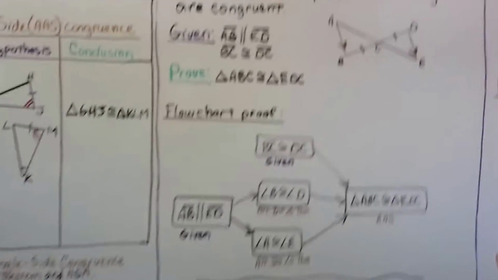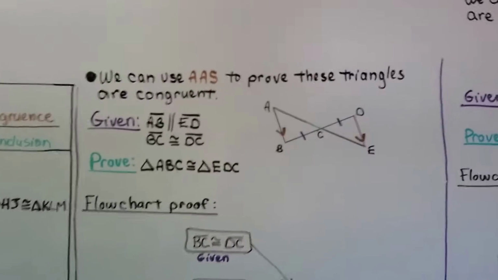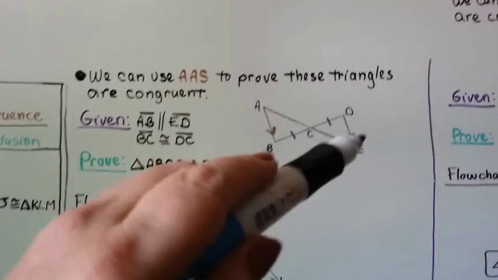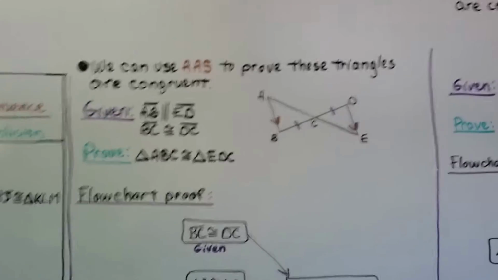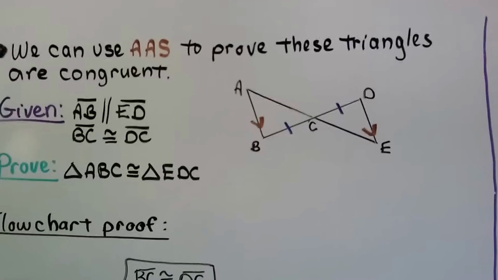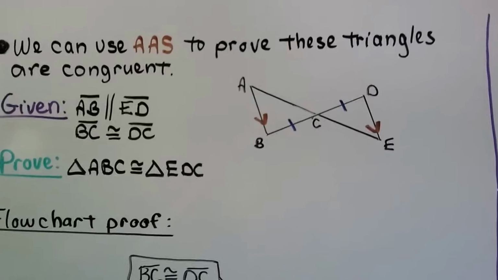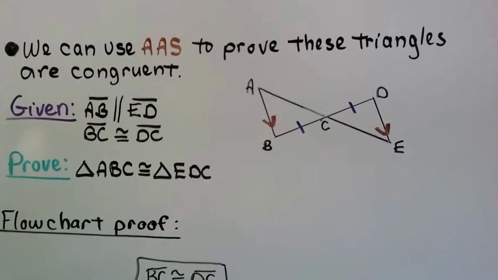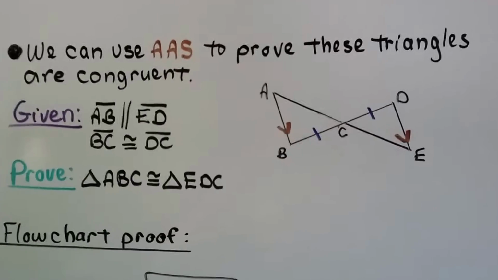And we can use AAS to prove these triangles are congruent. So we've got this diagram, and if you look, we've got parallel line marks right here, don't we? So if you look at the diagram, our given says segment AB is parallel to segment ED. And it says that segment BC is congruent to DC.